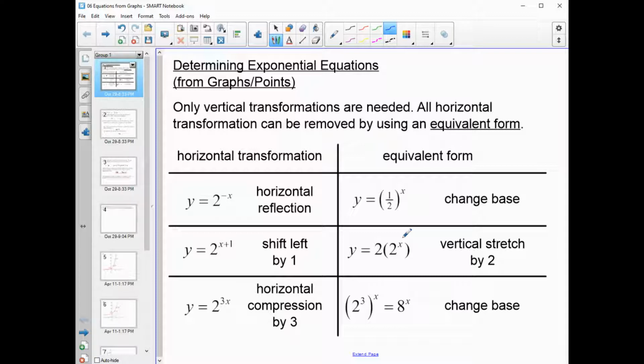Now we're going to say, what if you are given some final information, whether it's a description, a list of points, or most typically a graph, and you are asked to find the equation for that graph?